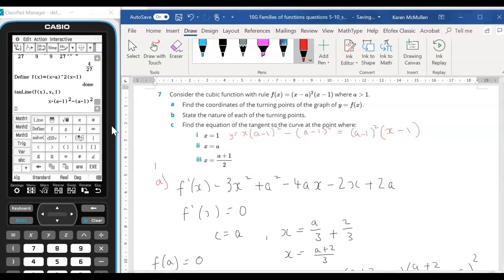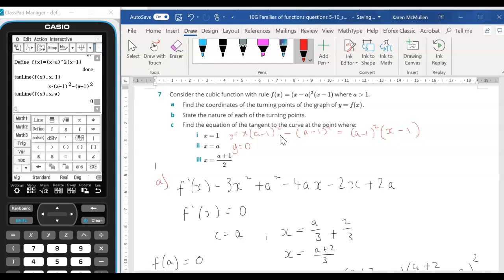So when x equals a, I can just highlight that and change, instead of having 1, put in a, and there is your tangent line, it's 0. So that means it's y equals 0. And when you think about it, a is undefined at that point because a has to be greater than 0.